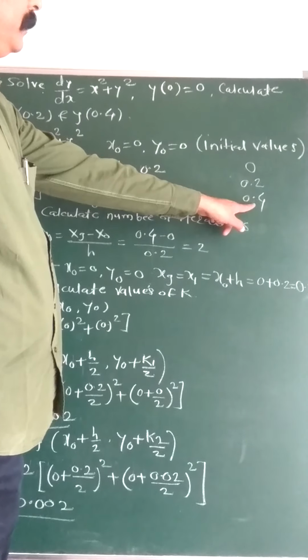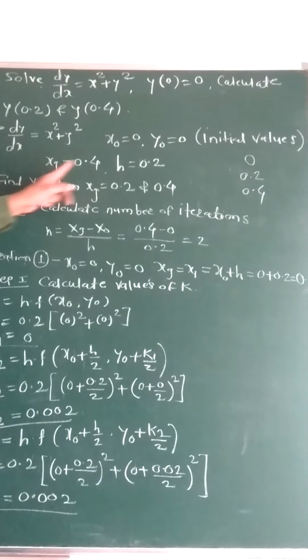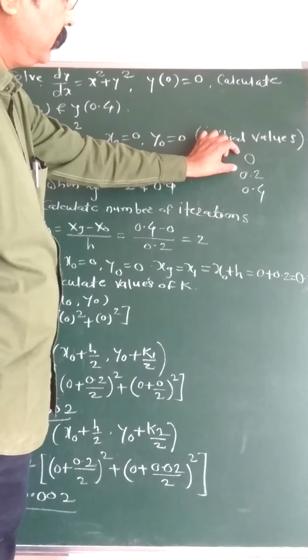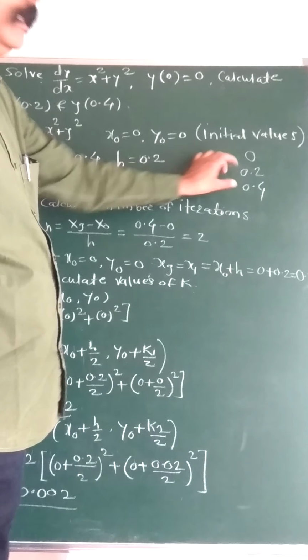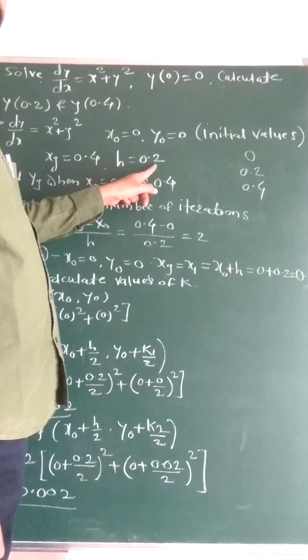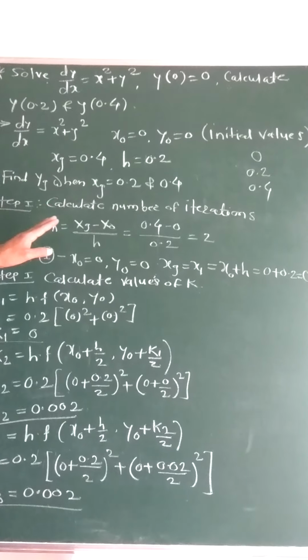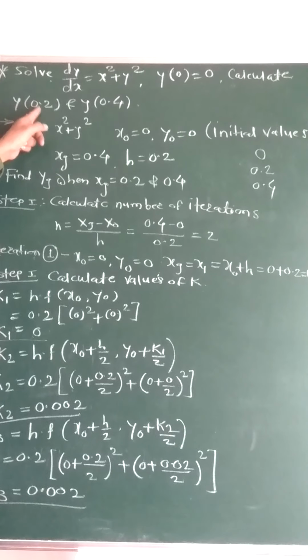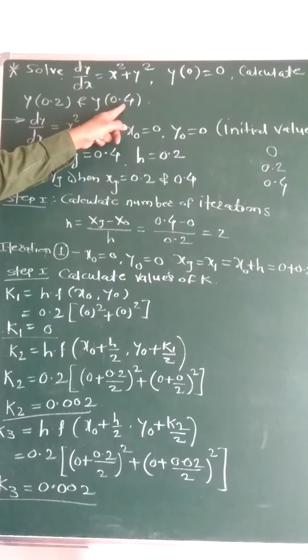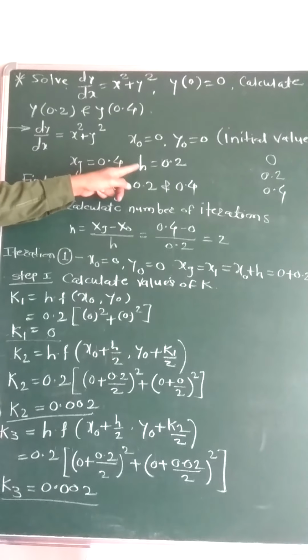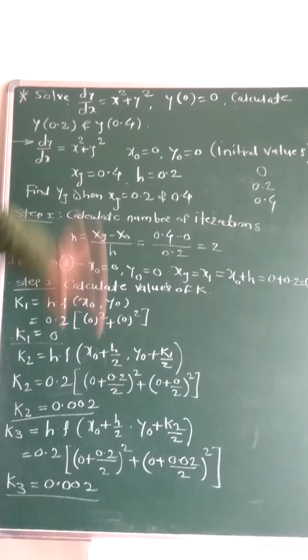Therefore, final value of x as xg is equal to 0.4 and step size is 0.2, that is h is equal to 0.2. Here you have to find the value of y when x is equal to 0.2 and x is equal to 0.4 with step size h is equal to 0.2.